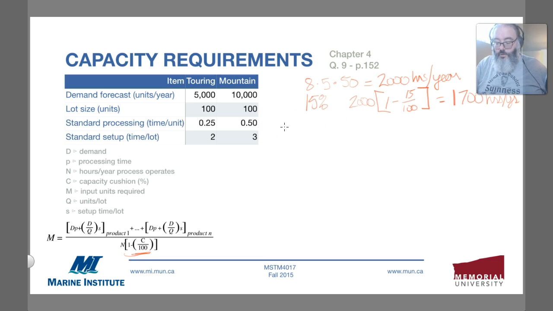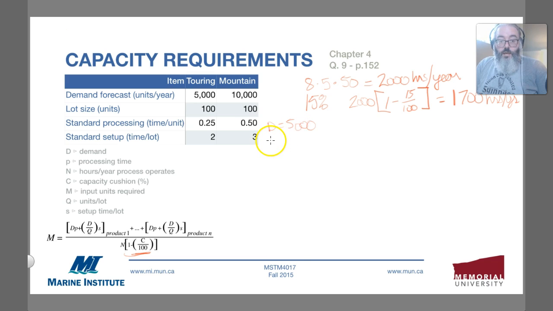Okay, so to figure out the numerator, we're going to sum together all of the processing and setup hours required for a year's demand for each different product or process that we have here. So essentially, just to work this out, for touring bikes, I'll do each one separately. Our D is going to be equal to 5,000.